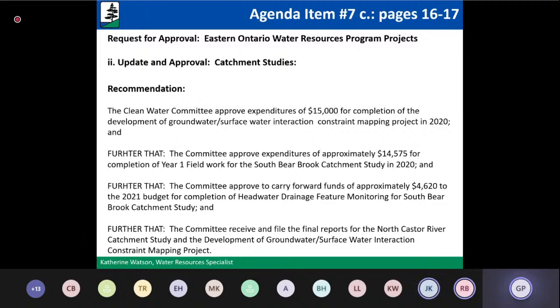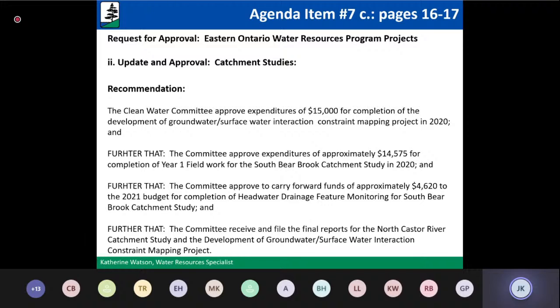You're welcome. So the recommendation is up on the screen, but I'm going to read it through for those that are on the phone. The recommendation is that the Clean Water Committee approve the expenditures of $15,000 for completion of the development of the groundwater surface water interaction constraint mapping project in 2020, and further that the committee approve the expenditures of approximately $14,575 for the completion of year 1 field work for the South Bear Brook catchment study in 2020, and further that the committee approve carrying forward funds of approximately $4,620 to the 2021 budget for completion of headwater drainage feature monitoring for the South Bear Brook catchment study.